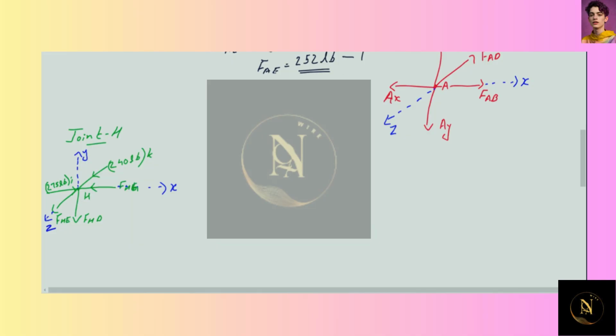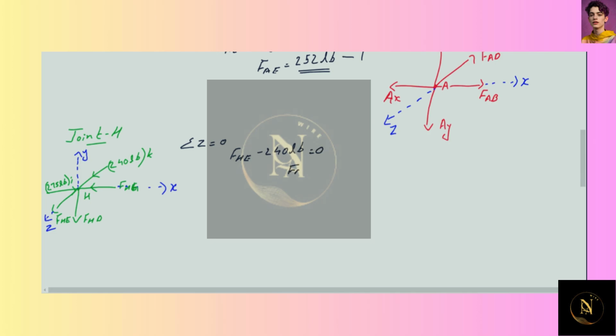So summation along H, let's just find summation of Z. Summation along Z equal to 0 gives you FHE minus 240 lb equal to 0.